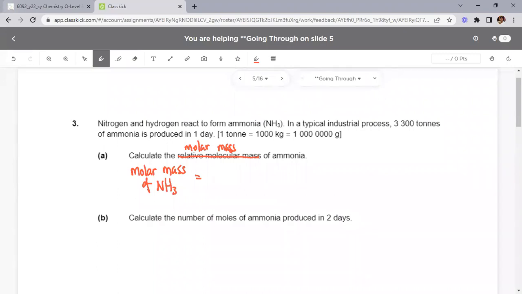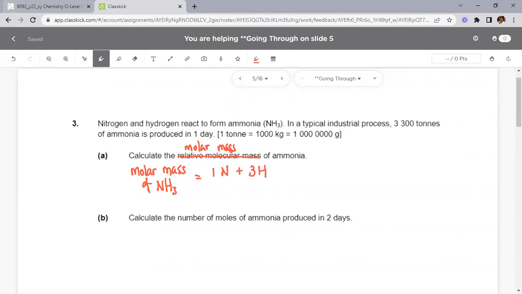Okay, good. So most of you, if you have followed the method which I've done previously, the first thing to find the molar mass is to find out how many particles of each element you have. NH3 is the formula, so ammonia consists of 1 nitrogen and 3 hydrogen.